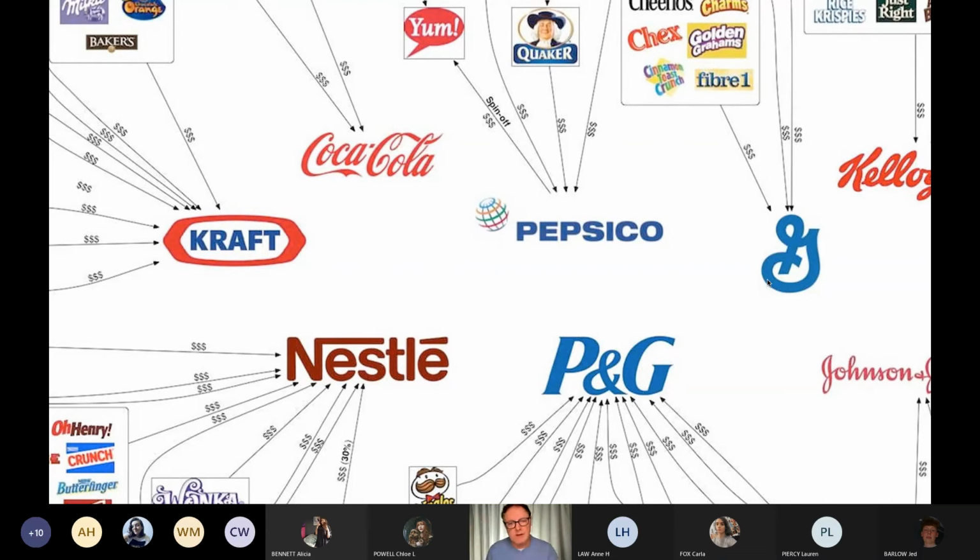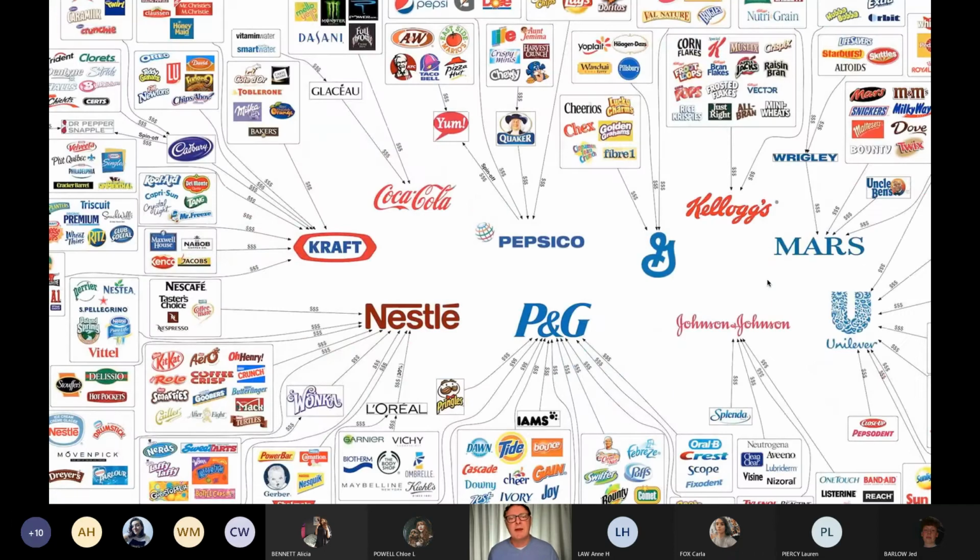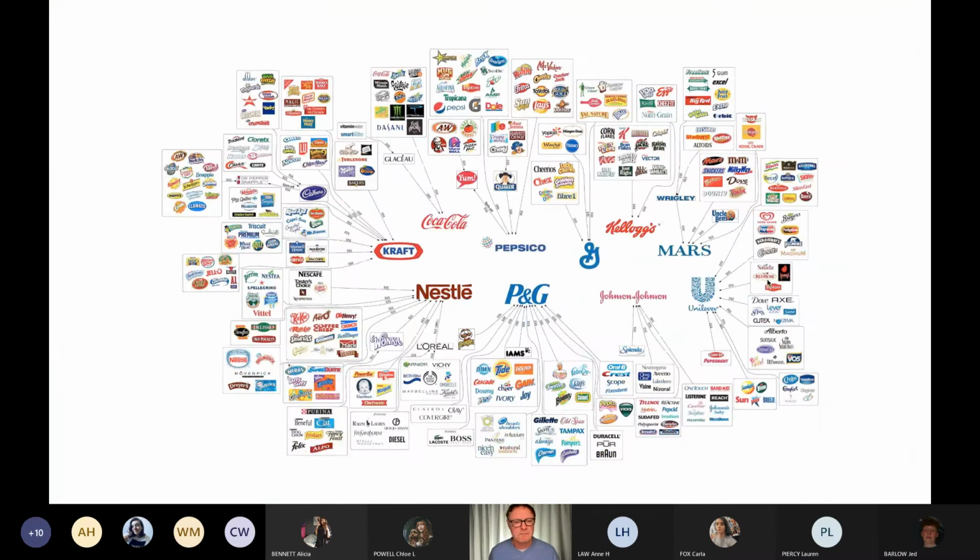Even all these major companies and brands actually have a family of related brands that they own. So you may want to pull back a little and make a connection with those brands.